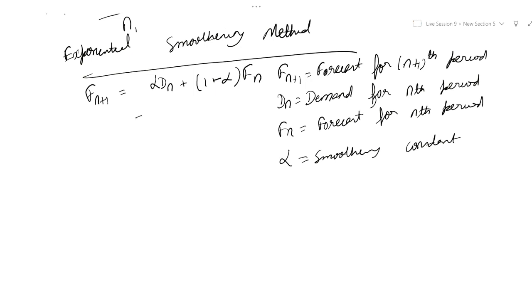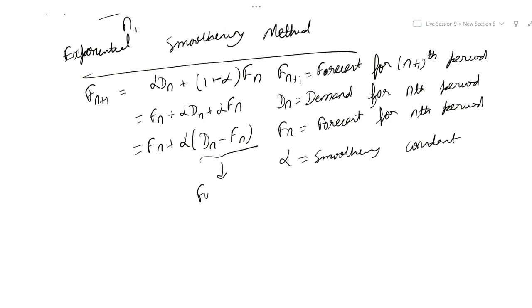Now if we expand this, it will be alpha Dn plus Fn minus alpha Fn. This will be Fn plus alpha (Dn minus Fn), and this is the forecast error.